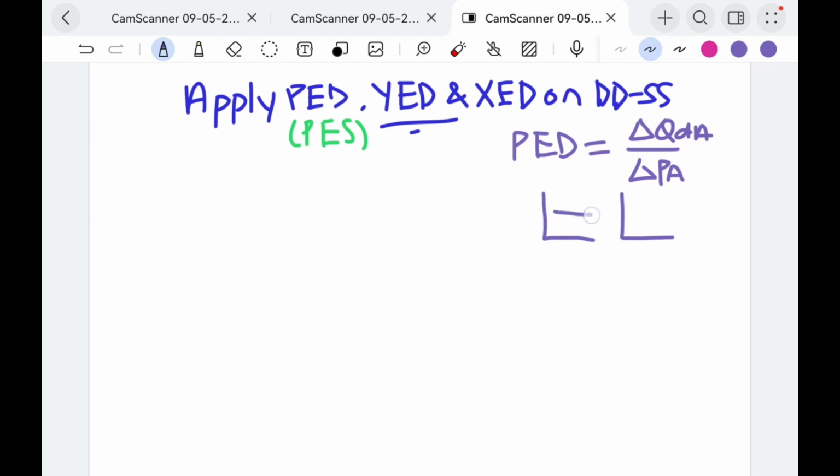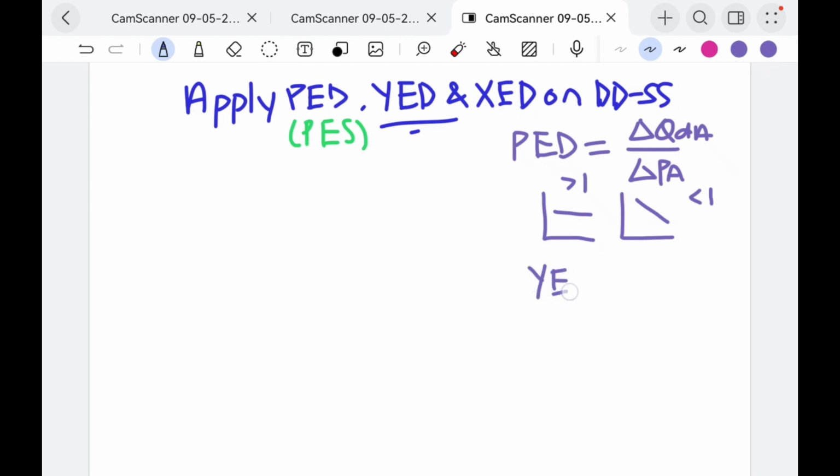So you are looking at the same graph. There is one gentler one where PED is more than 1, and for PED less than 1, it is steeper. I will not go through in too much detail the concept of PED, YED, XED because you would be familiar, but I really wanted to focus on how you apply on the graph.